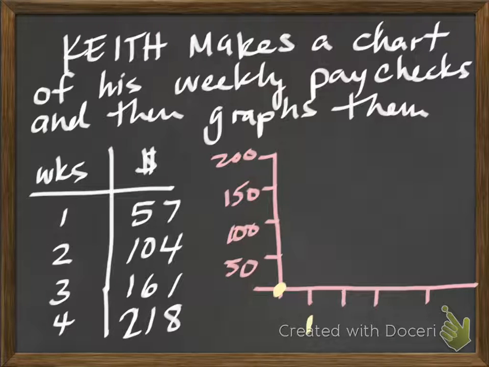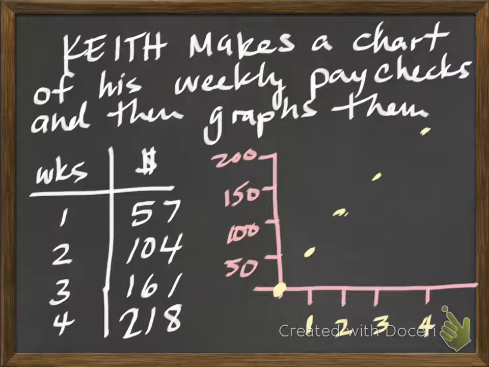First week, he had 57, so just a little bit past there. Week 2, he'd made 104. Week 3, he'd made 161. Week 4, he'd made 218. That's going up at a constant rate.